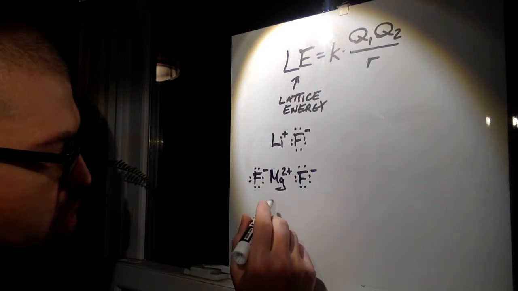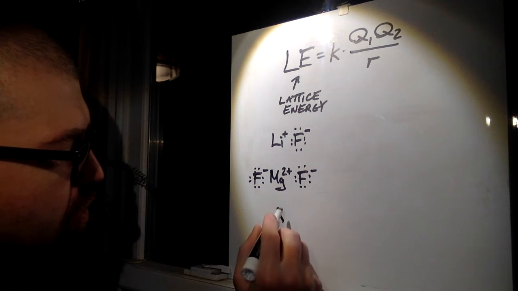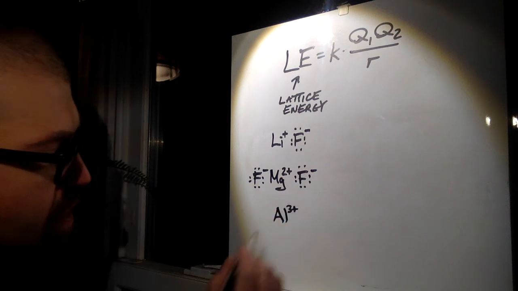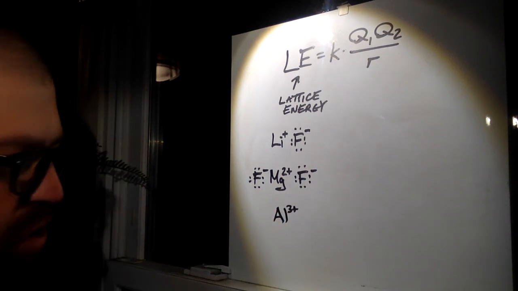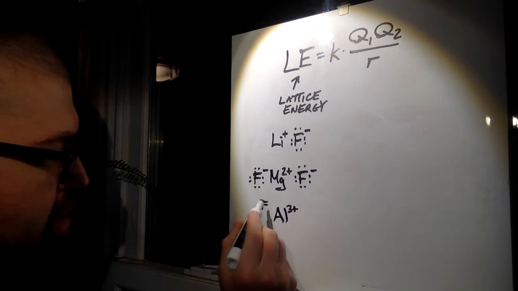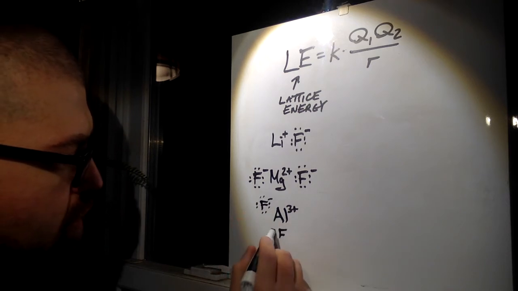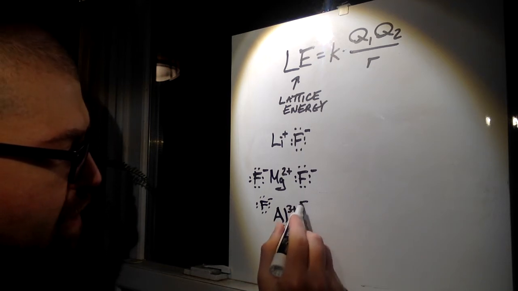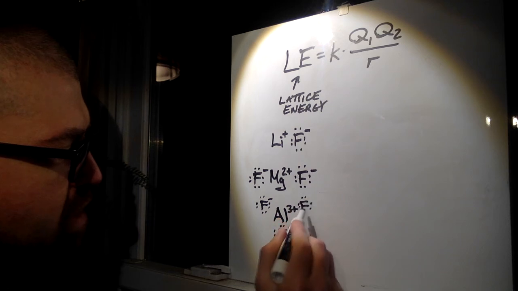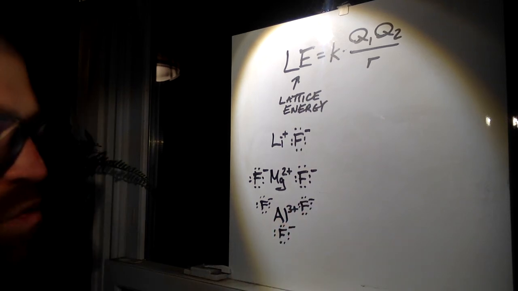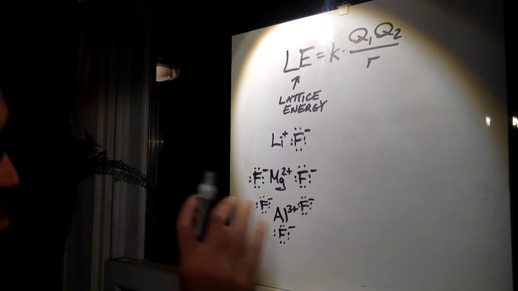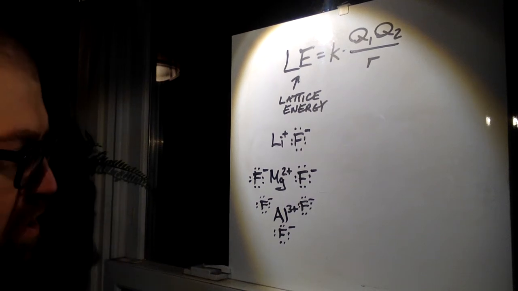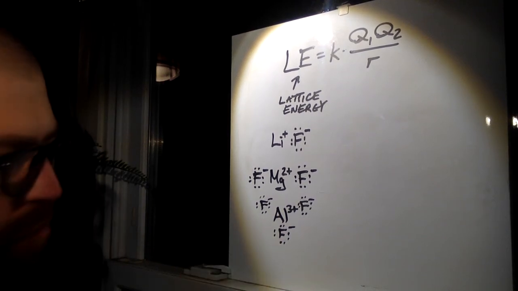And we can envision also the same thing with aluminum. So aluminum having a 3+ charge, of course, would be attracted in the lattice to 3 fluoride ions, and I'm drawing it equally spaced. Of course, this would be in 3 dimensions, and it would be repeating in 3 dimensions, but it's okay to just draw one part of the crystal.